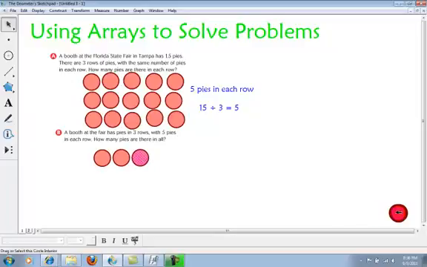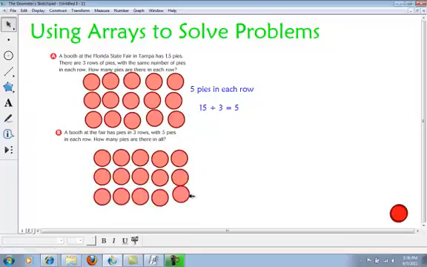So I'm going to make one row first with 5 pies. 1, 2, 3, 4, 5. And then I can make 3 rows with 5 pies each. So I have my pies in 3 rows. I have 5 pies in each row. They want to know how many pies are there in all.